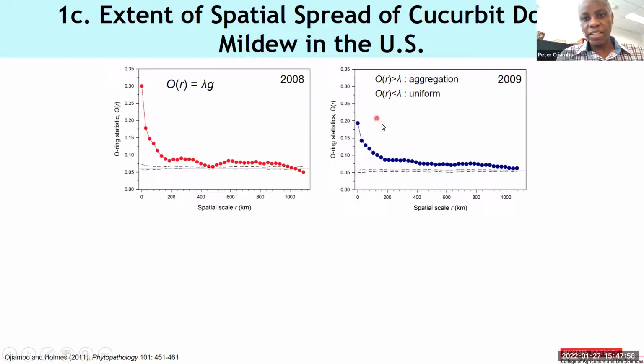That was very clear as well when you look at the data of 2009, where up to 1,000 kilometers the observed value was higher than the intensity of the spatial process. This indicated to us that the distance over which inoculum was being contributed from one source to another to cause disease was about 1,000 kilometers.